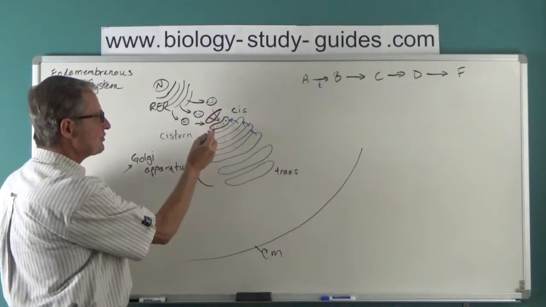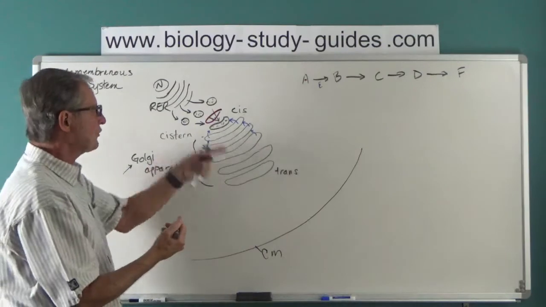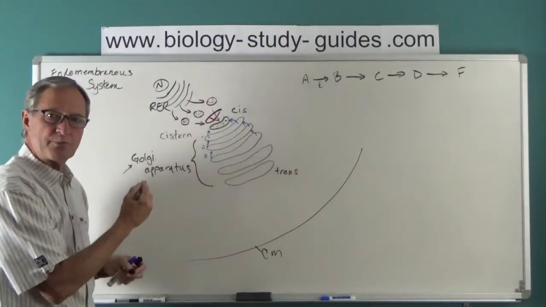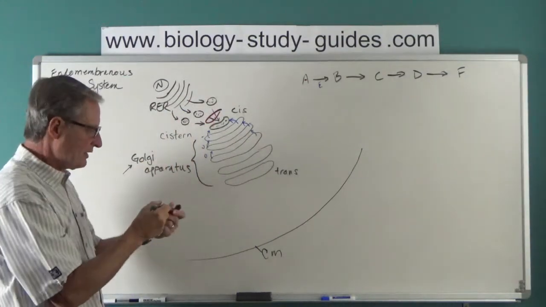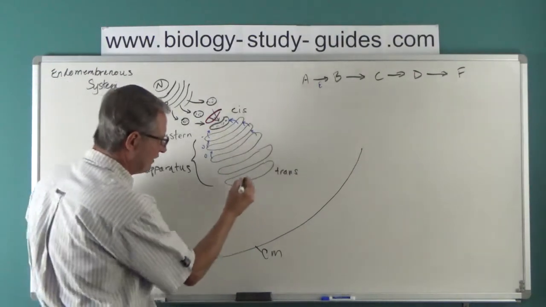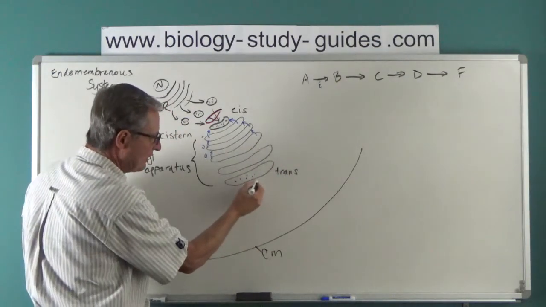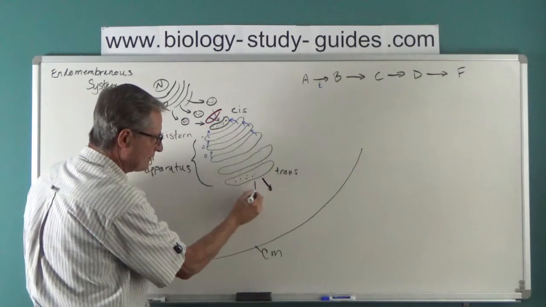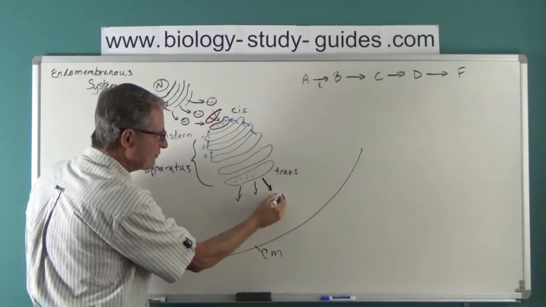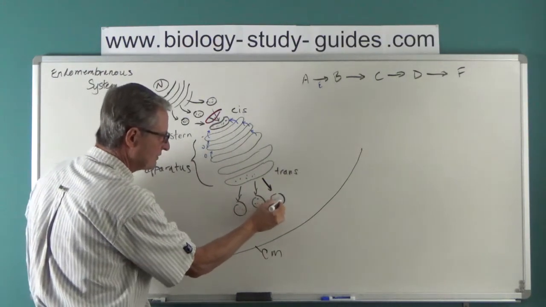So this cistern is now in the second position, and it becomes the third position when another cistern is produced. At the other end of it, we have the final products in the trans cistern here. They've been through all that set of reactions, and this final cistern breaks up into smaller vesicles. And these are the final products.